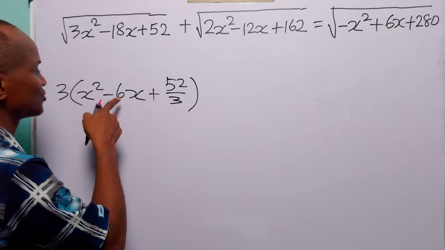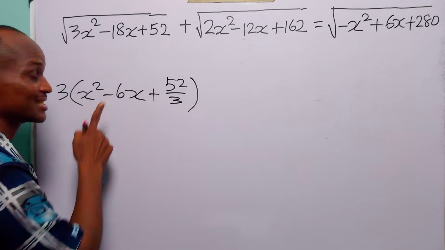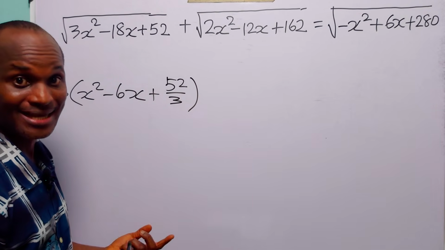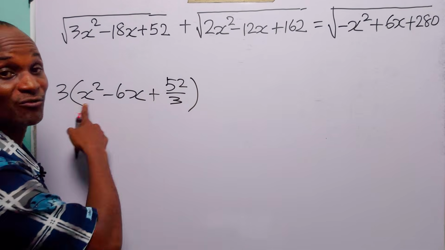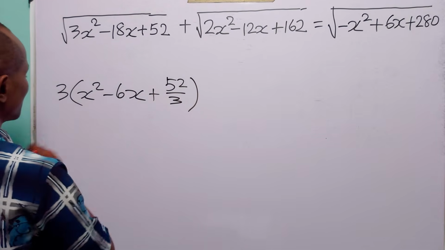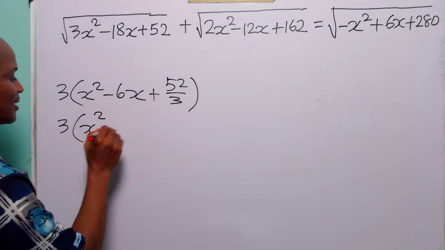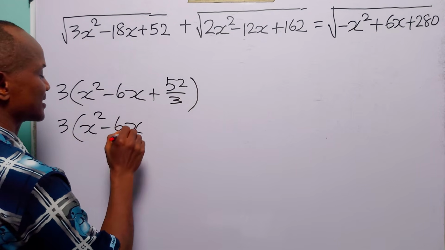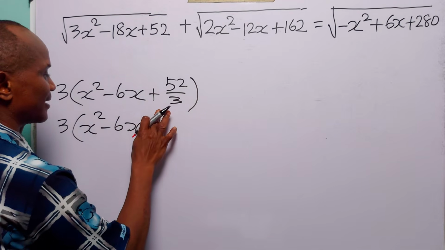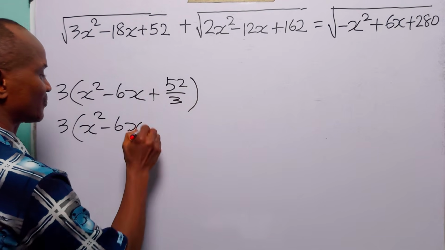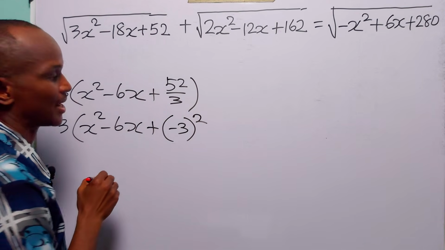Now, the next thing we are going to do is divide the coefficient of x, that is minus 6, by 2, square it, add it, and also subtract it from this expression. Now, we have 3 into x squared minus 6x, minus 6 divided by 2 is minus 3. We are adding, we square.